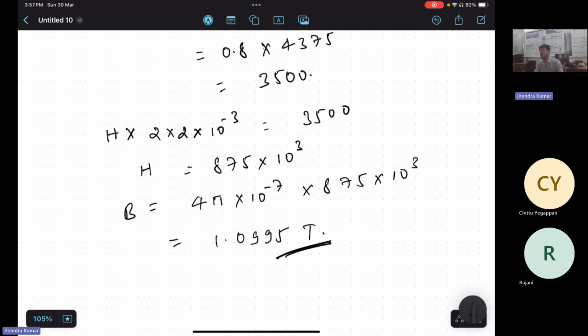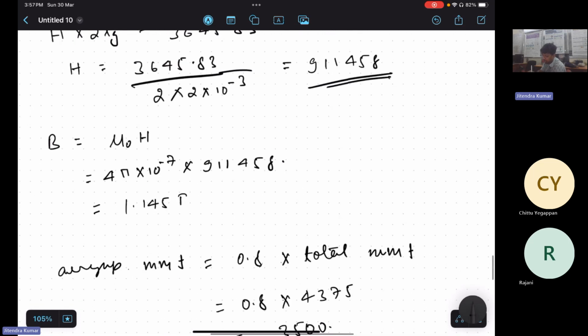But still, it won't fall in that category. So the simple thing is to go according to the first solution only. 1.145, so clearly it should be equal to 1.2 Tesla, right?